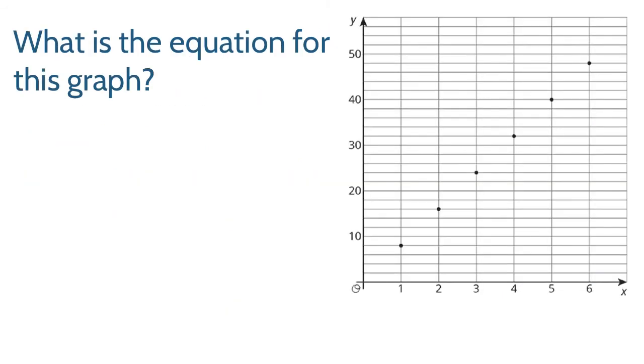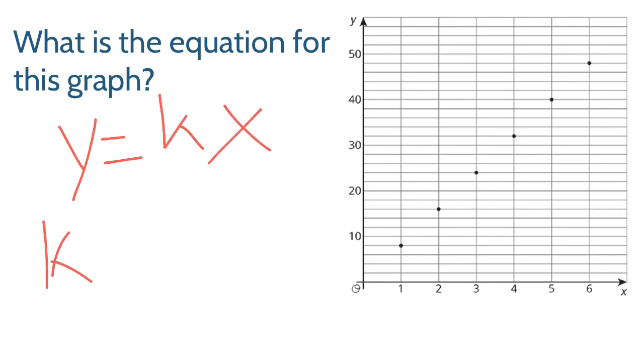All right, so if we were to graph it, and this would be the graph of our line, what would the equation be? Well, looking at our graph, we know it's going to be y equals kx. So what is k? Well, I can take any point that I can easily read along this line, any point. So I could take 5 and 40. I could take 3 and 24.